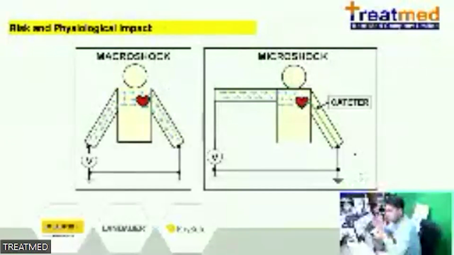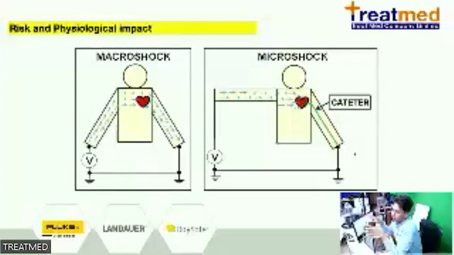This slide shows the types of electrical shock. On the left side is the macroshock. The macroshock is more current, more than around 1 milliamp, which comes through the left side, passes through the body to the right side, and goes to ground.